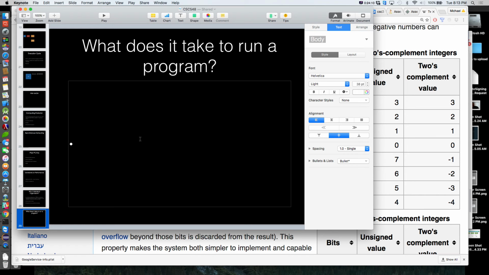So 8 bits can represent numbers up to 255. 7 bits can represent numbers up to 127. So 7 bits will probably cut it to get us up to 100. Okay? What if we need more instructions than 100? Need more bits for that counter?